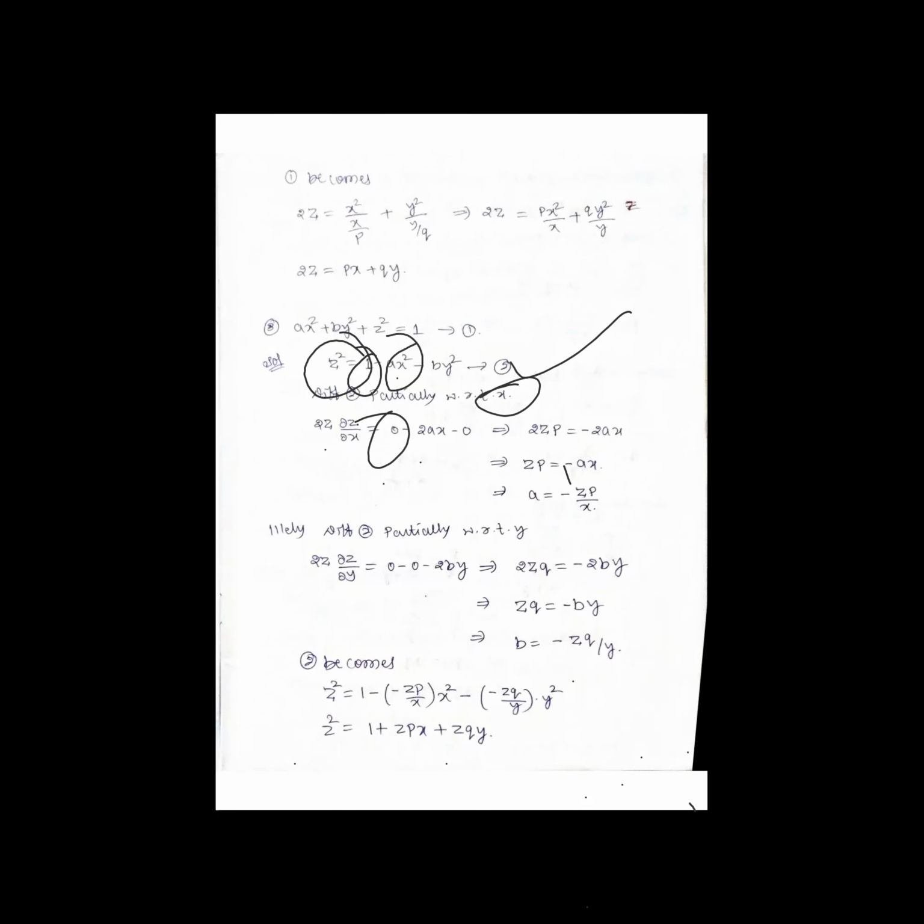So we can write it as minus 2ax; minus b is constant and y is constant, so this is 0. So 2z dou z by dou x, I'll write it as p, that is equal to minus 2ax. The 2 gets cancelled. zp is equal to minus ax.